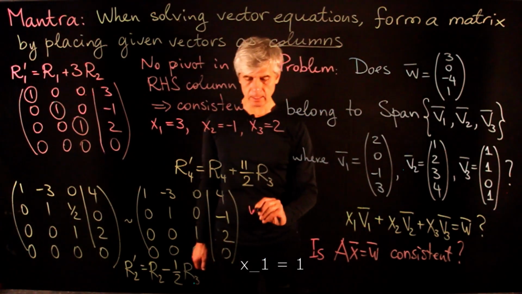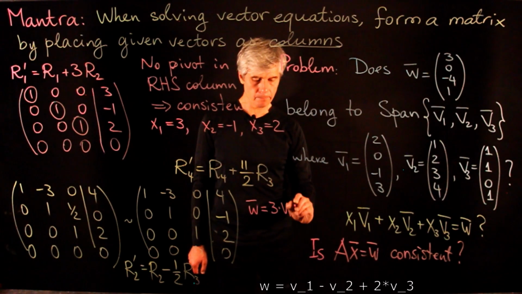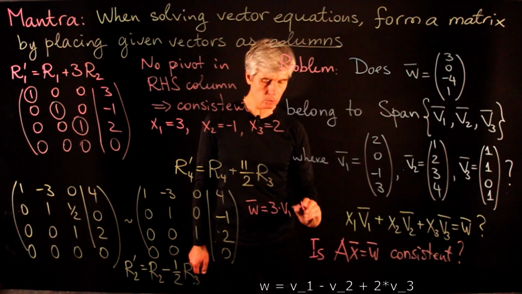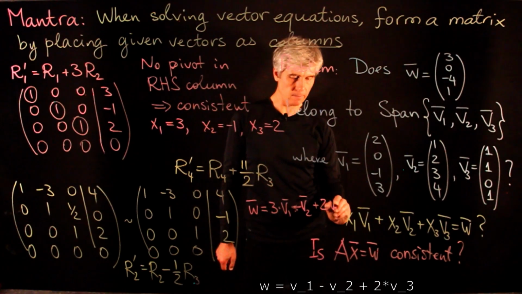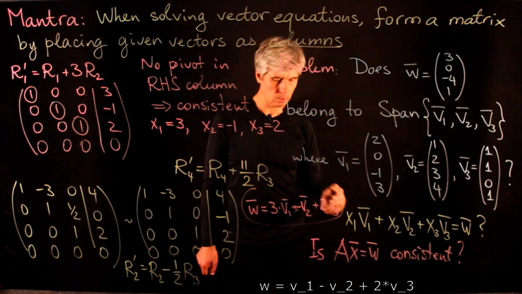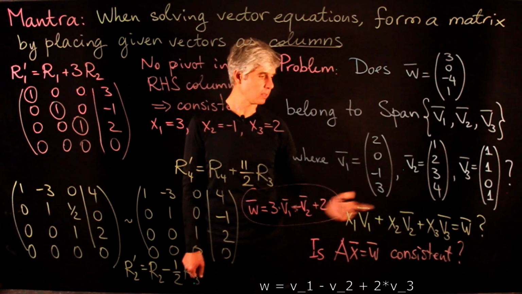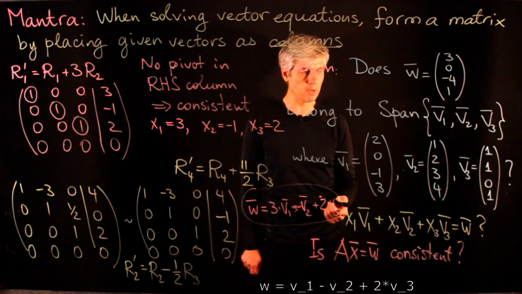So what we get is that w is 3 times v1 minus v2 plus 2 times v3. So this shows us how to expand w as a linear combination of v1, v2, and v3.